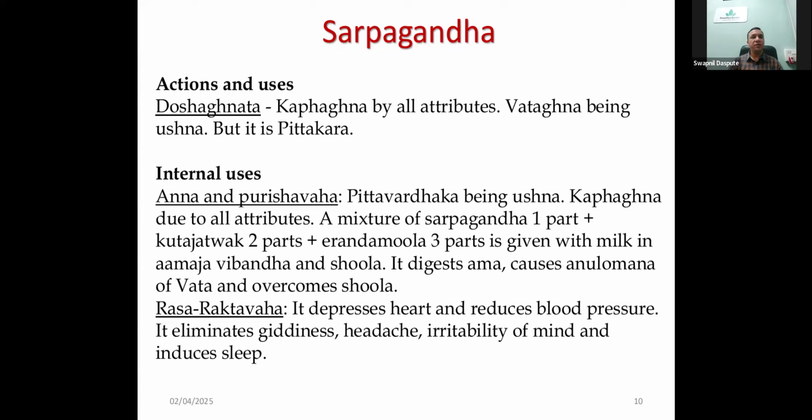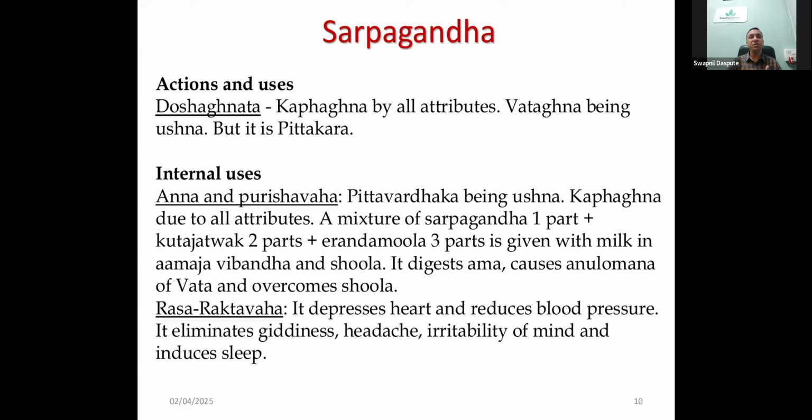In rasa and raktavaha srotas, it depresses heart. Depresses heart means it slows down the activity of heart, not the literal meaning of depression. It slows down the activity of heart. It reduces the blood pressure. It eliminates giddiness, headache, irritability of mind, and induces sleep.